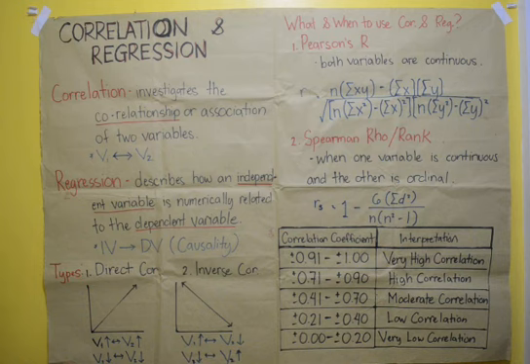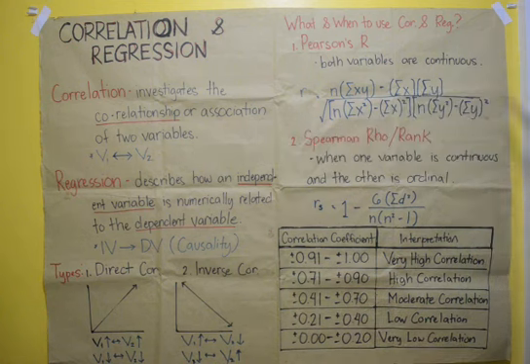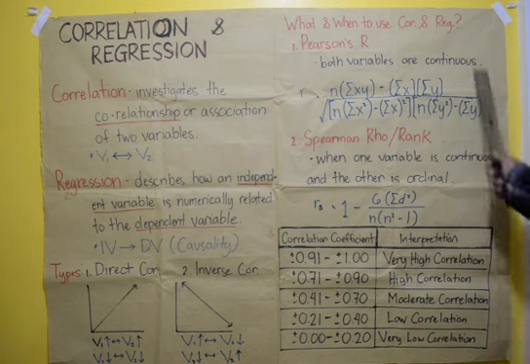Now, there are a lot of formulas when it comes to correlation and regression. However, I'll just introduce and discuss two common formulas. So when both variables are continuous, interval or ratio, we'll be using this formula, Pearson's.